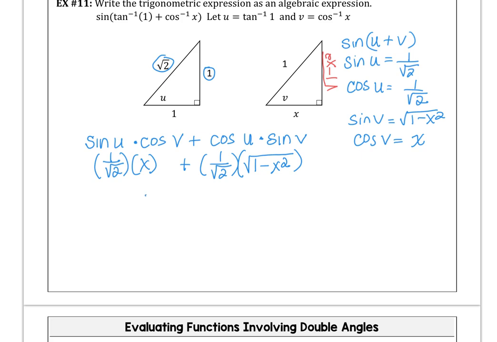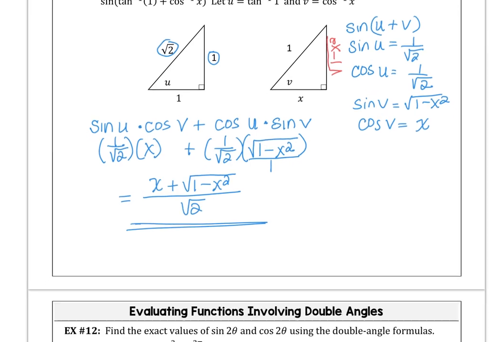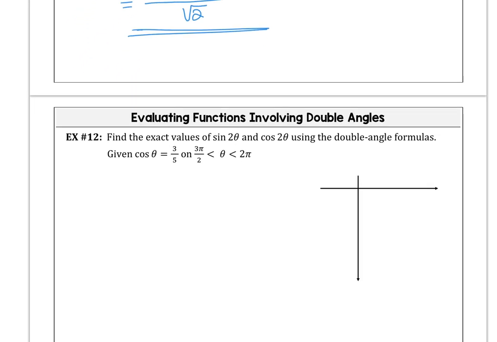In the numerator, x plus the square root of 1 minus x squared, all of that divided by the square root of 2, since this fraction is 1, and we have the square root of 2 and the square root of 2 as our common denominator in that case. And then lastly, I believe this is our last example for day 2.